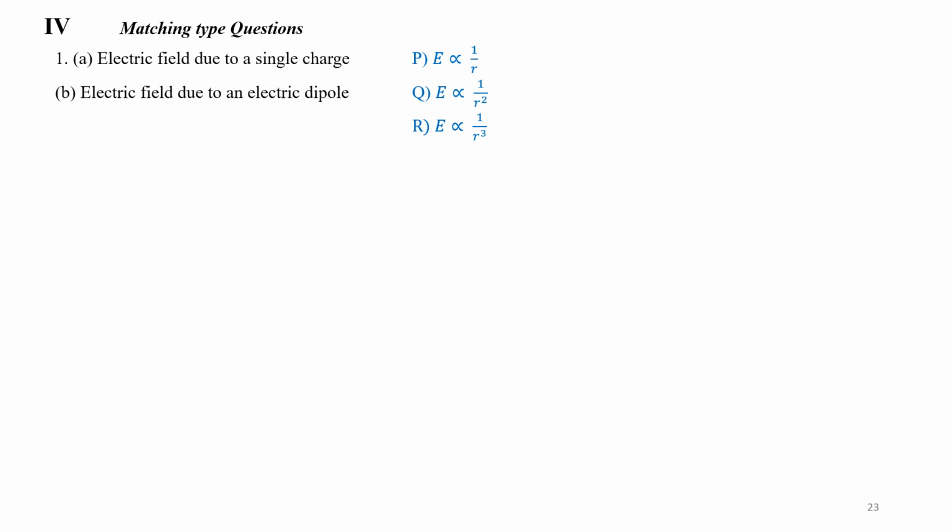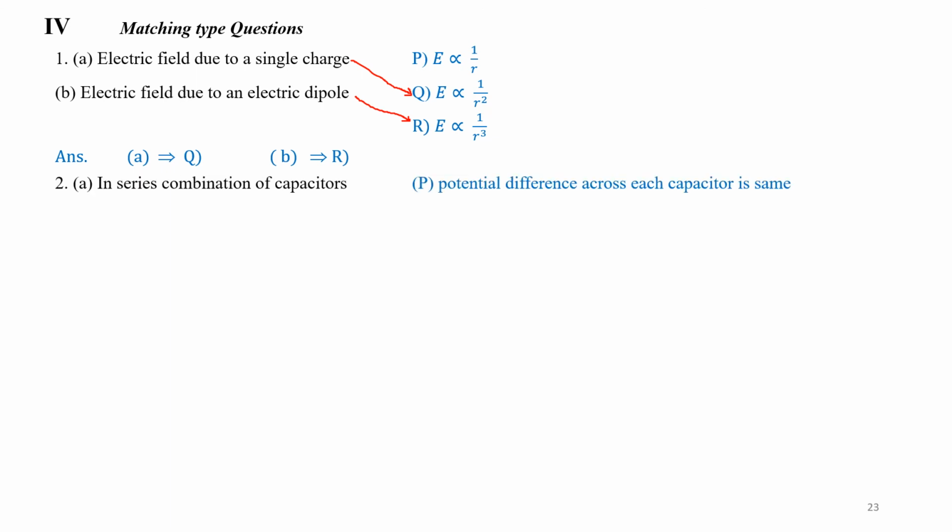So A matches with Q. B: electric field due to an electric dipole is, sorry, 1 by R cube. So A matches Q and B matches R.